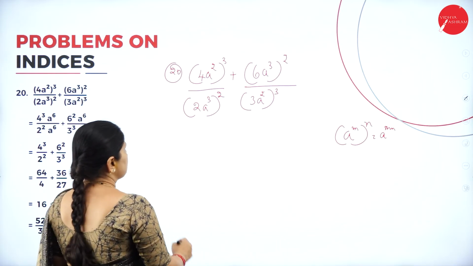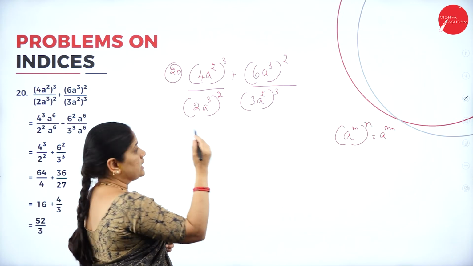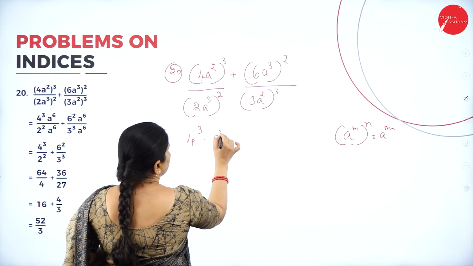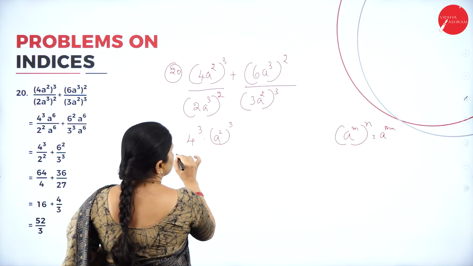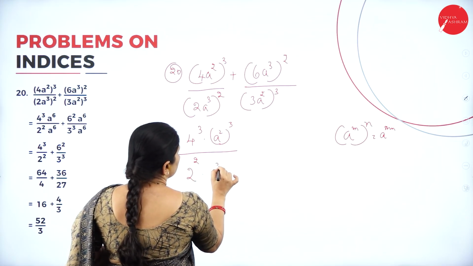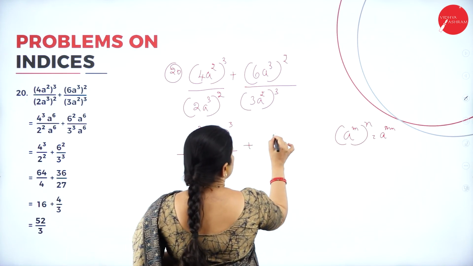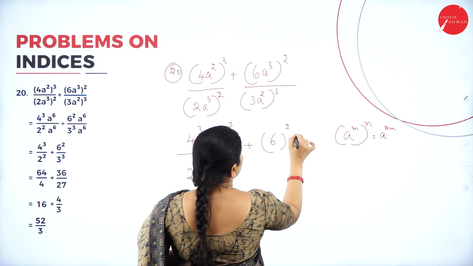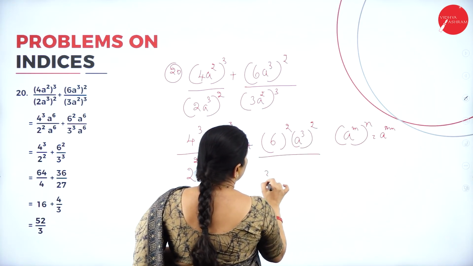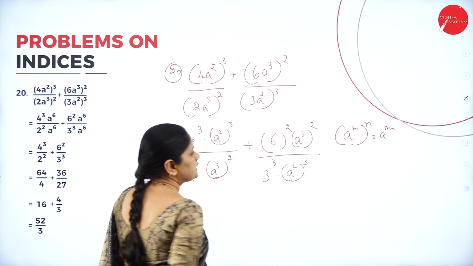So, I will write here. So, (4a square) raised to the power 3, this will be equal to 4 to the power of 3 into (a square) to the power 3, and 2 to the power of 2 into (a cube) to the power 2, plus 6 to the power 2 (a cube) to the power 2 divided by 3 cube into (a square) to the power 3.